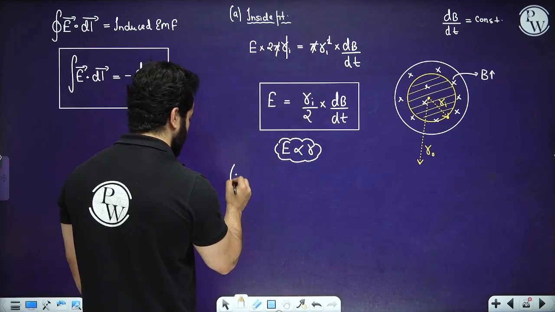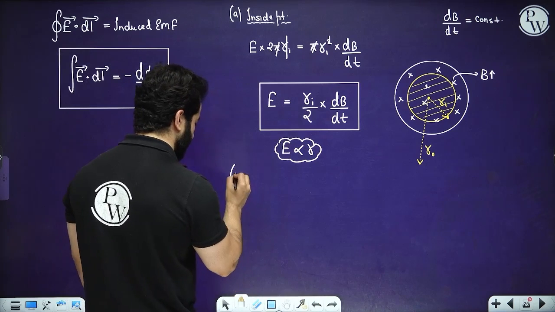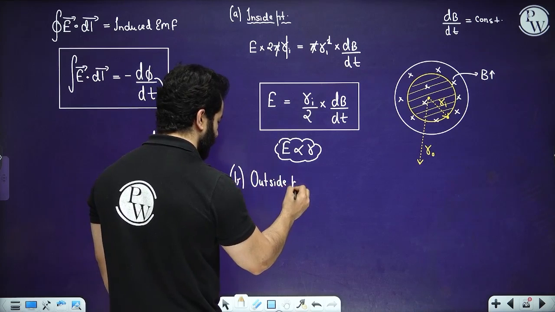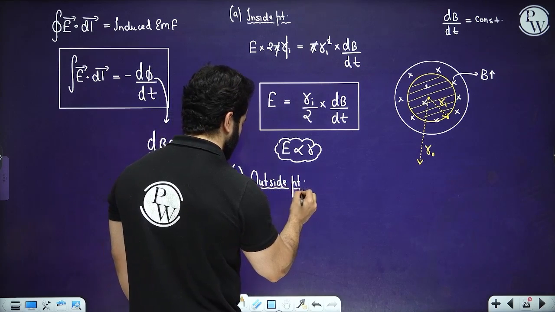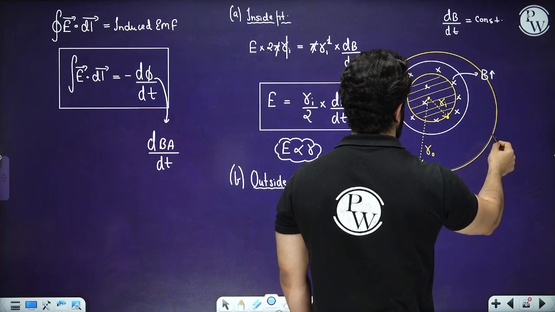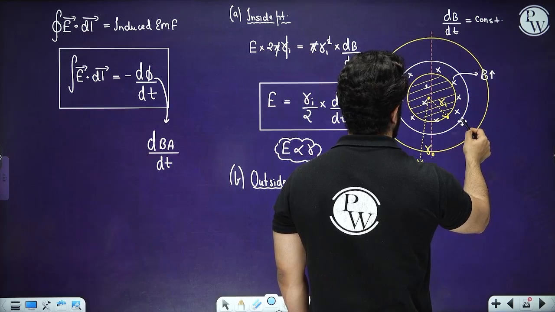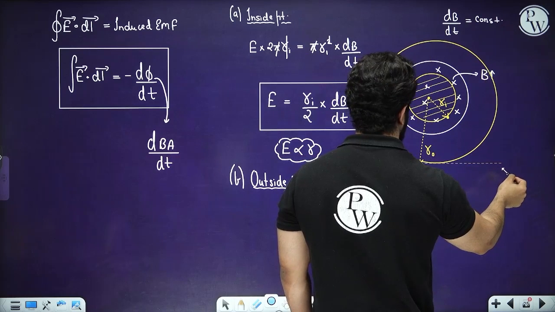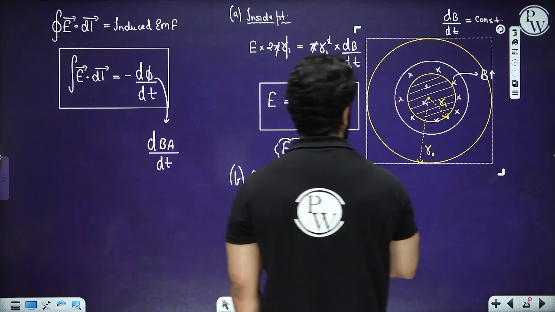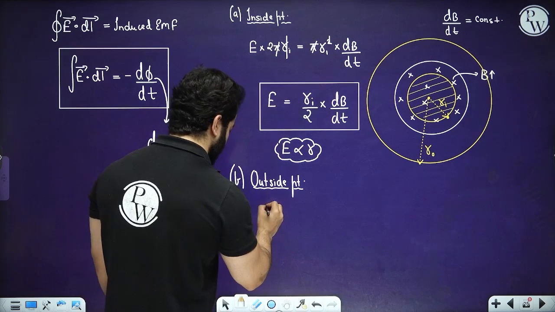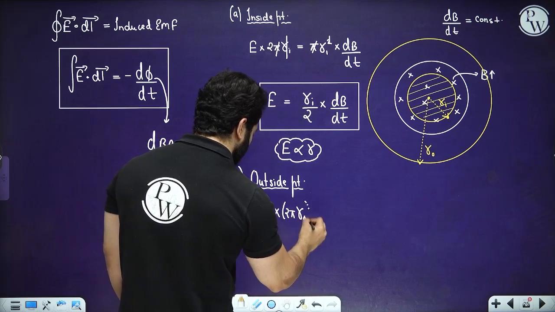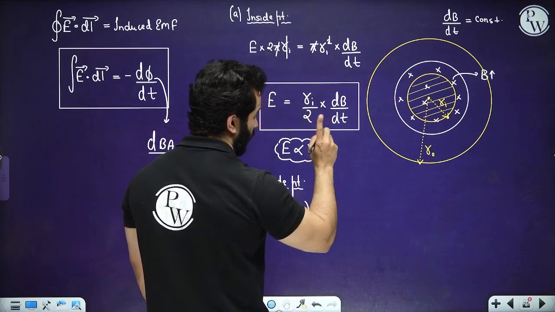Second, let's discuss an outside point, and simultaneously we can also talk about a point on the surface. So for an outside point, if you are going to draw a surface something like this, we'll write E into 2 pi R_O equals the magnetic flux.